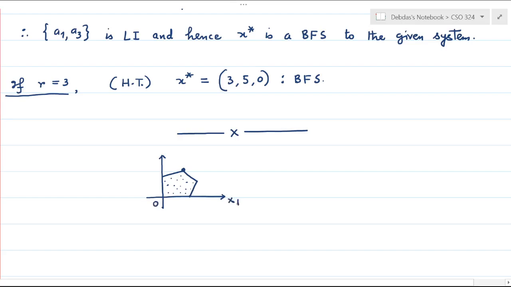Therefore, to find the solution of an LPP, you just find the value of the objective function at the vertices of the feasible region, find which one is the maximum, and that vertex will give you the optimum solution.